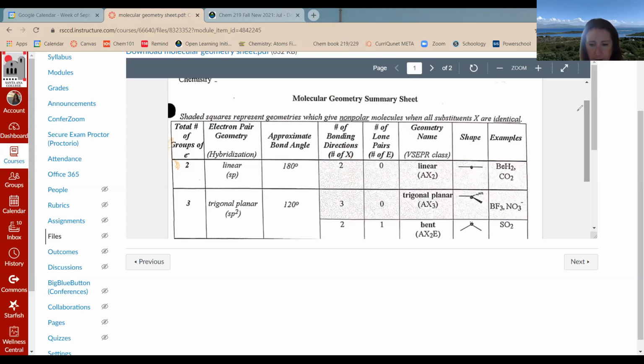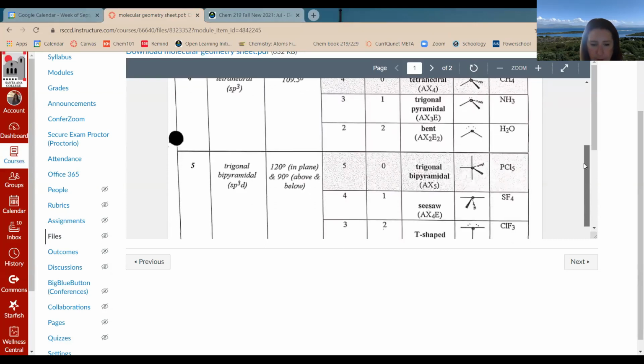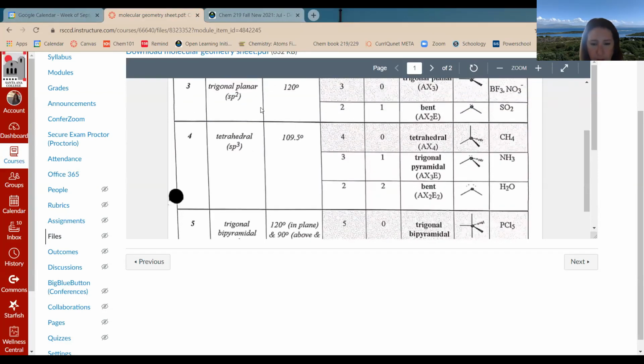Let me just go down to this one right here. You're going to learn how to use this very, very well. So here's tetrahedral. Remember, tetrahedral is, here's B and E. So this would be A, B, 4.